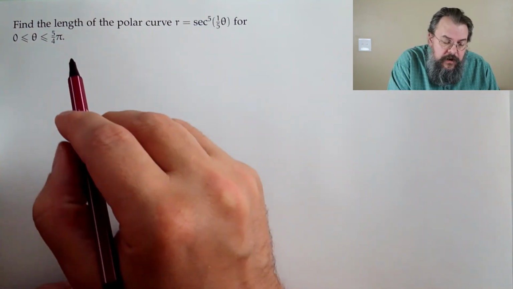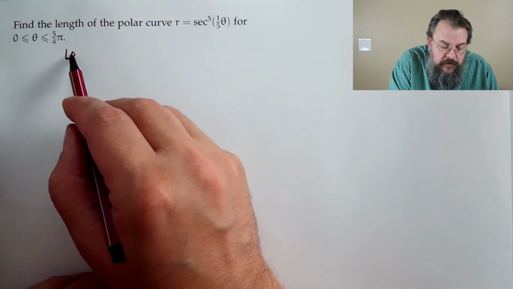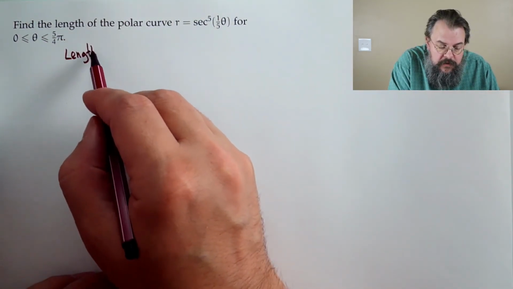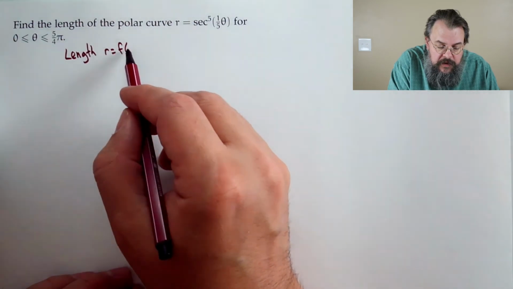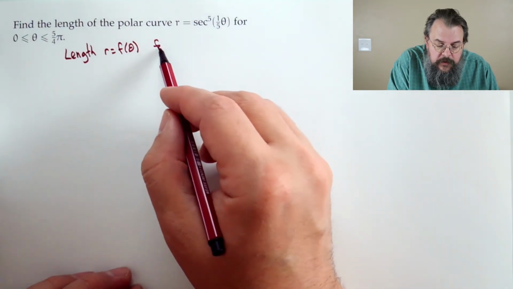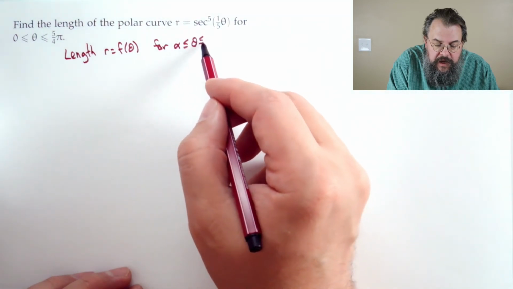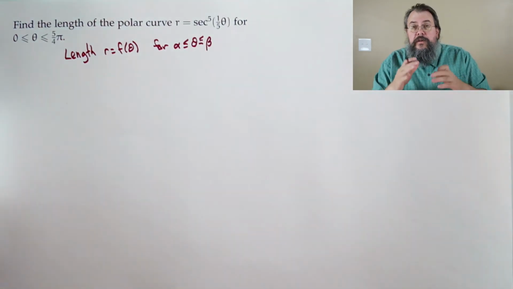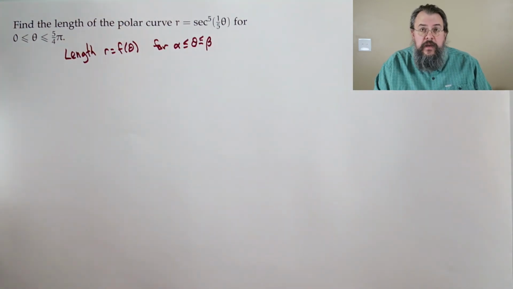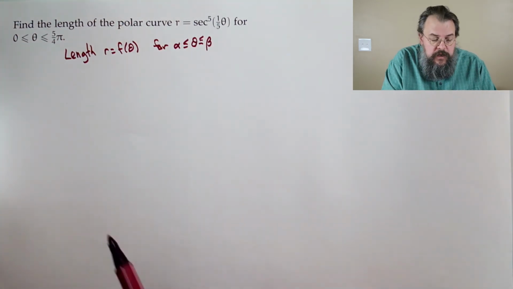So we have the length of the curve r equals f of theta, for alpha less than or equal to theta less than or equal to beta. In other words, that's the range we're looking over, and it's given by the following.